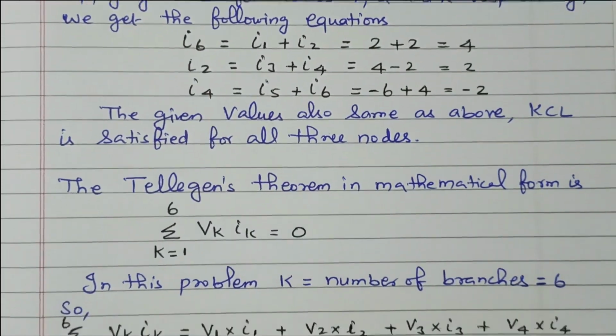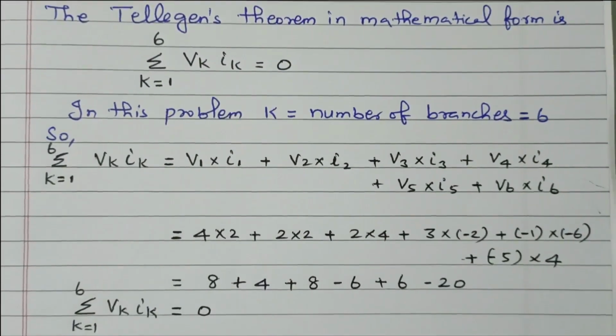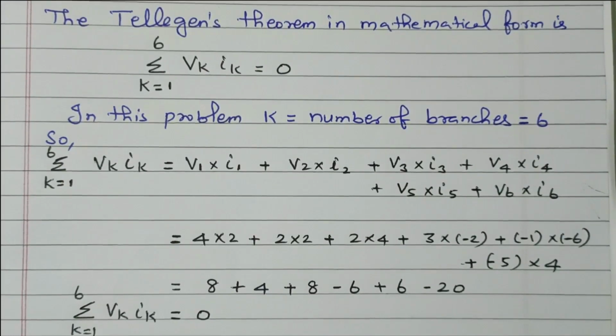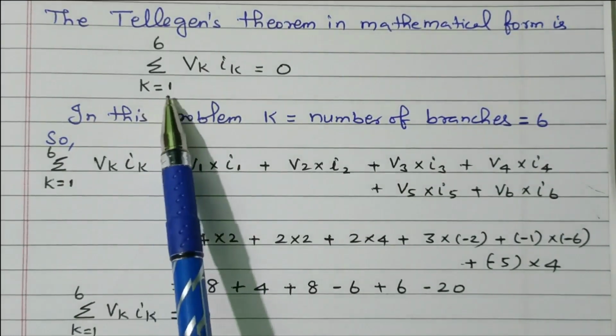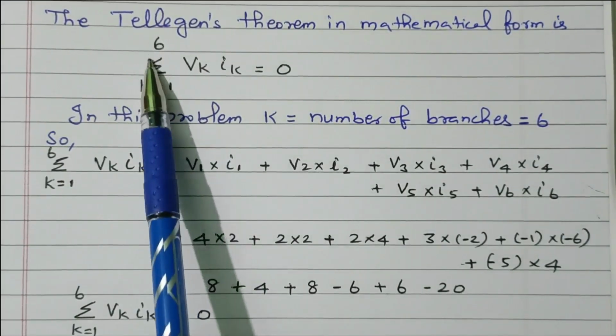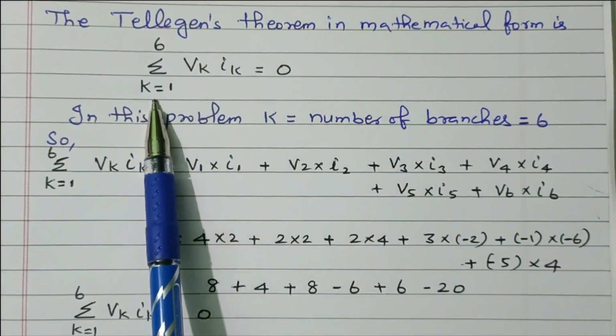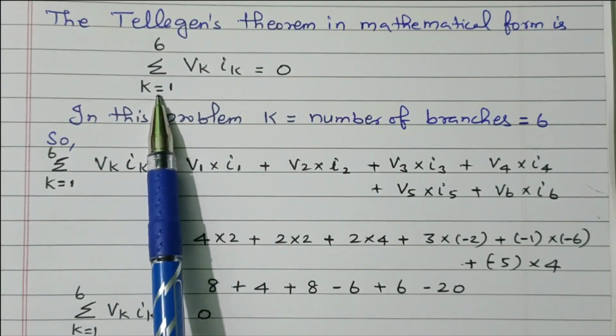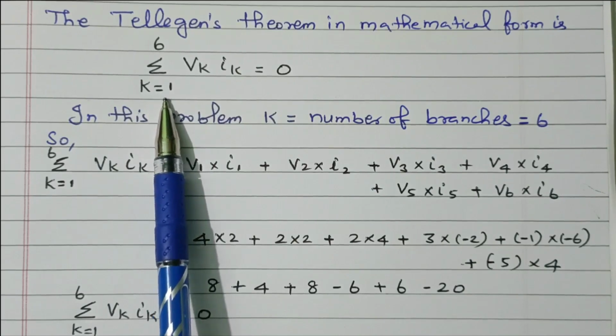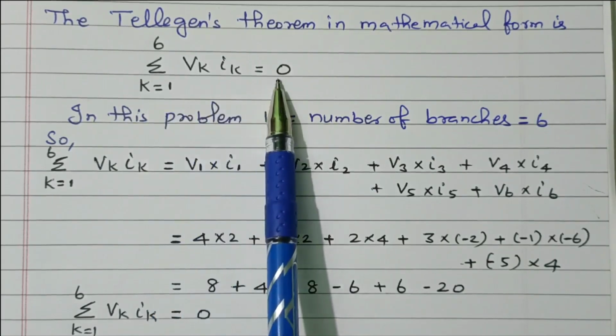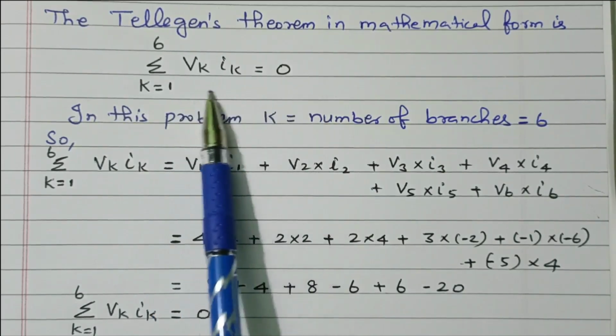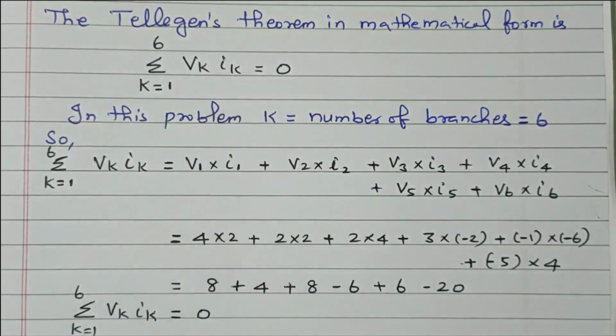Now we'll verify the instantaneous power. That is the important point of Tellegen's theorem. k equals 1 to 6. There are 6 branches available, V1 to V6, similarly I1 to I6. Summation of Vk Ik equals 0. This is the mathematical expression of Tellegen's theorem, right?